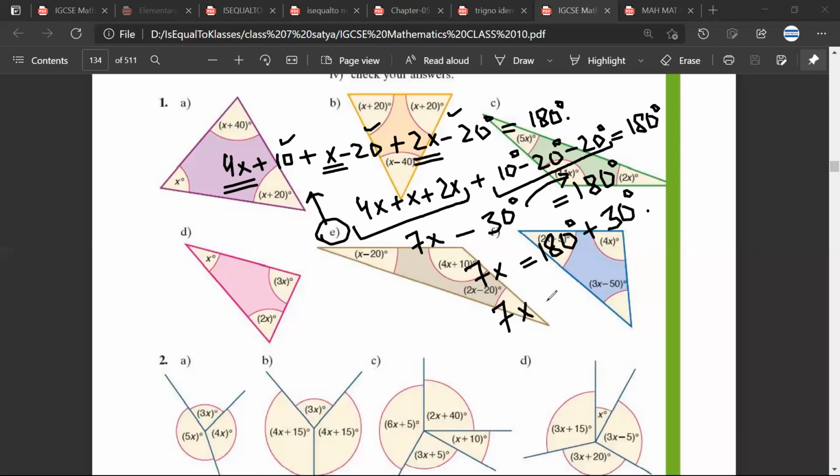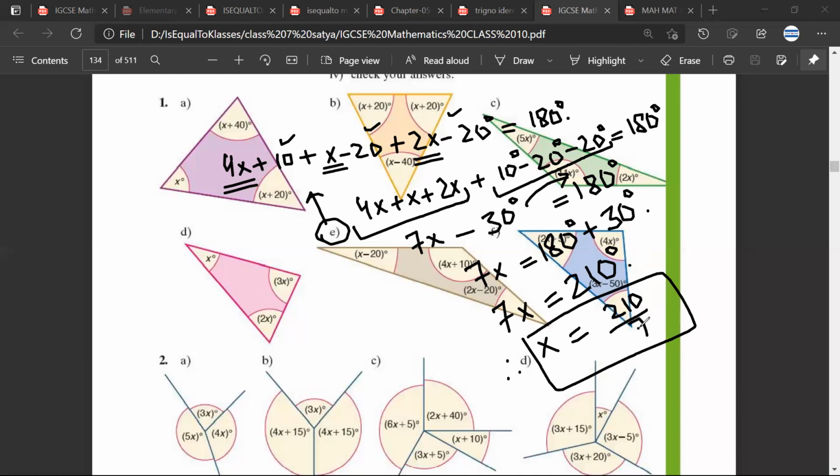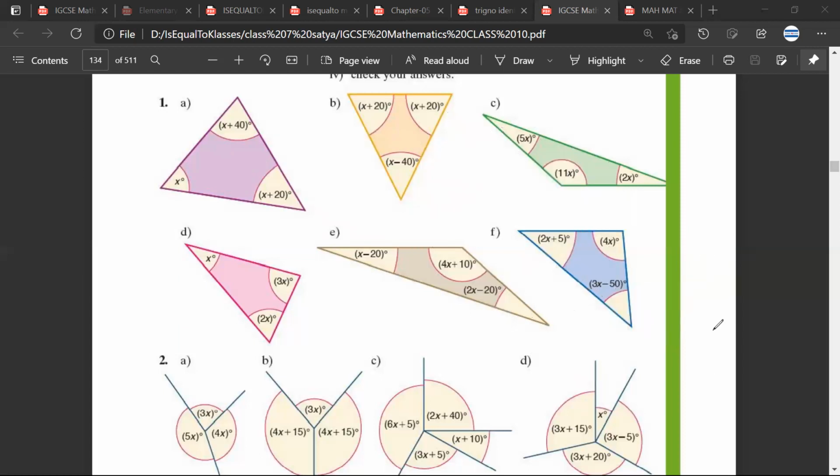So 7x would be equal to? And x would be equal to? Mr. Sarthak, any doubt? No. Okay.